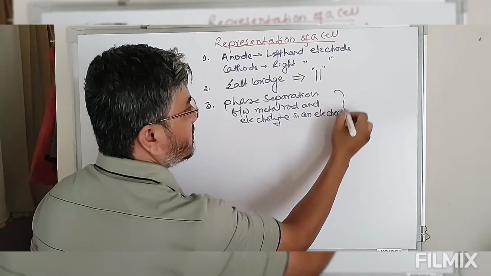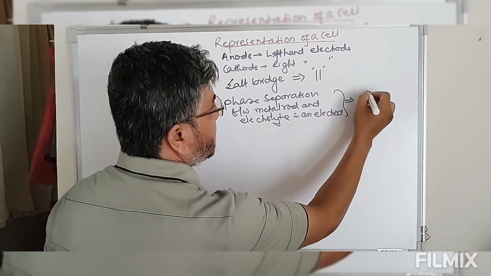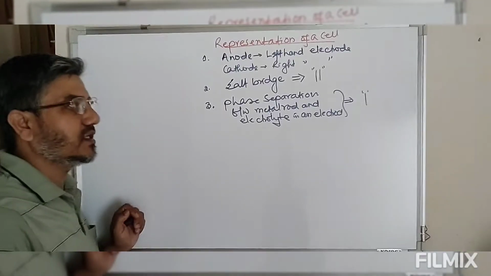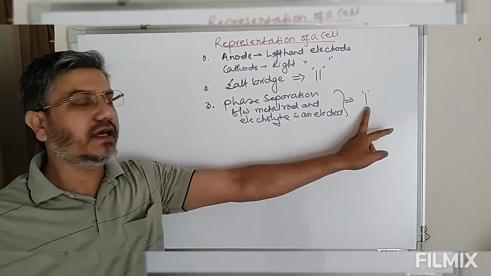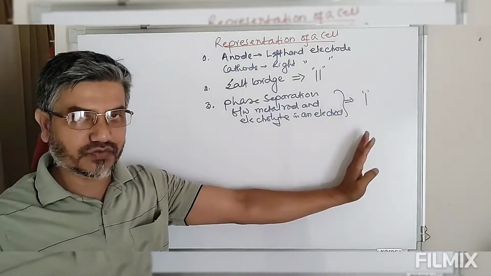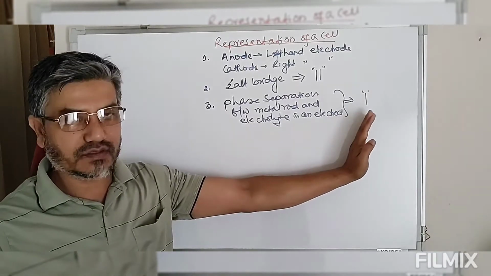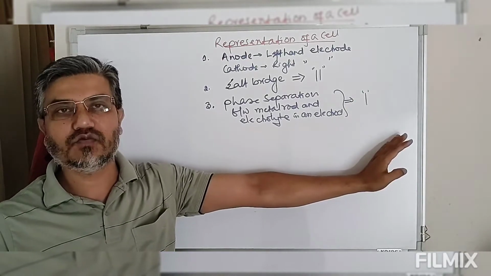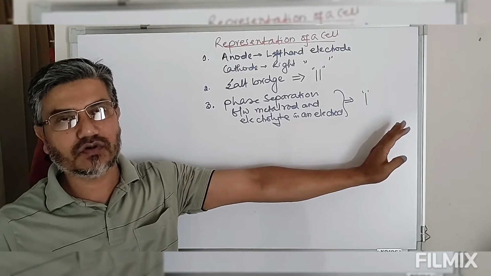This is represented by a single vertical line. So this single vertical line represents a phase boundary between the solid metal rod and the aqueous solution of the salt of the same metal.